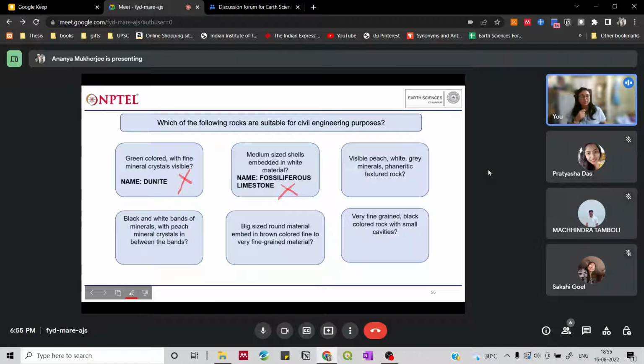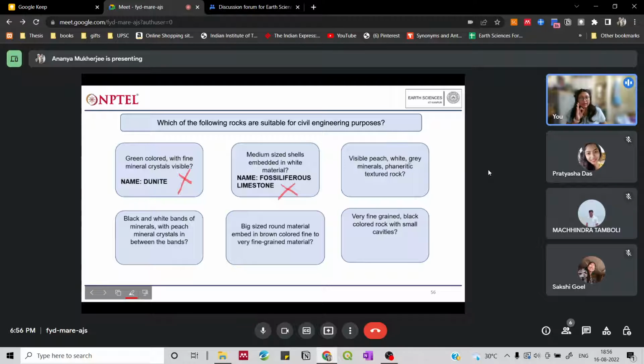The next one that we have, we can see peach, white, grey colored minerals. You can easily identify the different minerals there, and it is a phaneritic textured rock. Since these are all light colored minerals, we can say that this is a felsic rock, and because it has phaneritic texture, we know that it's an igneous rock. So it's a light colored igneous rock.